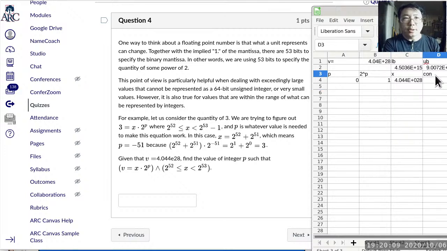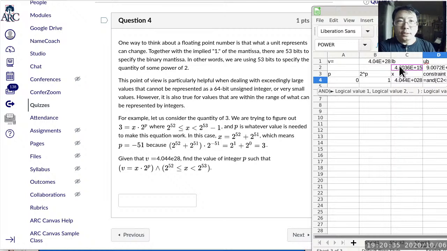So we say constraint. The constraint is a conjunction, because I can't enter an inequality like this to check for upper bound and lower bound. So we use a conjunction where the first part checks whether it is at least as big as the lower bound. We refer to the lower bound, and then say less than or equal to x, which is this particular cell.